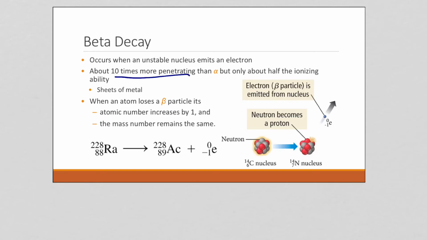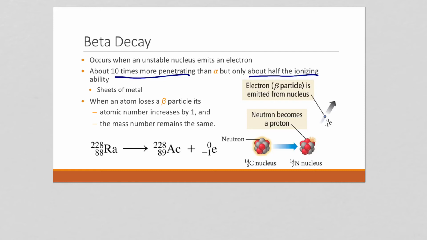So these can penetrate through clothing and into the body from external sources. But they're only about half as ionizing. So while they can penetrate, they don't do as much damage in terms of their ionizing ability. But they can pass through things like thin sheets of metal, etc.